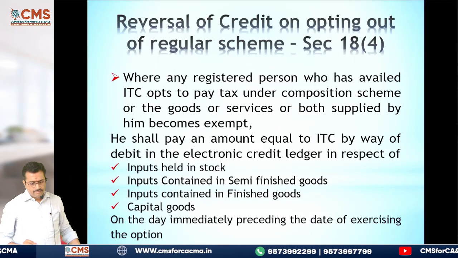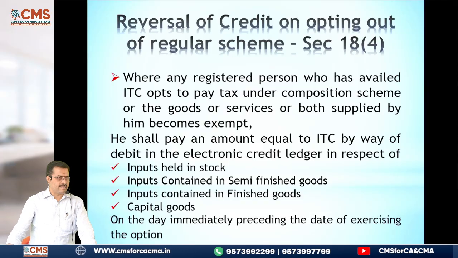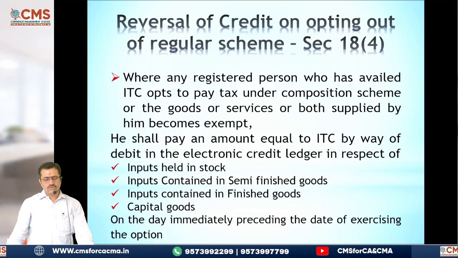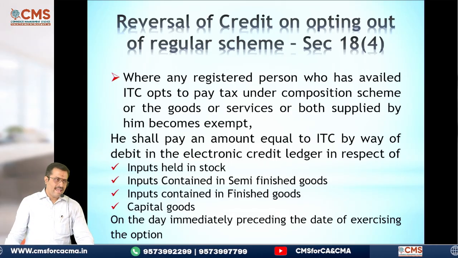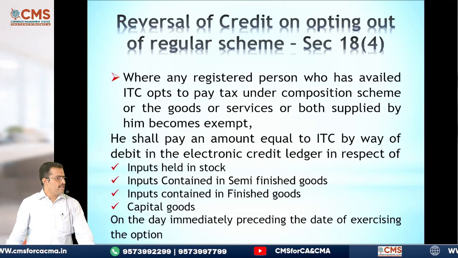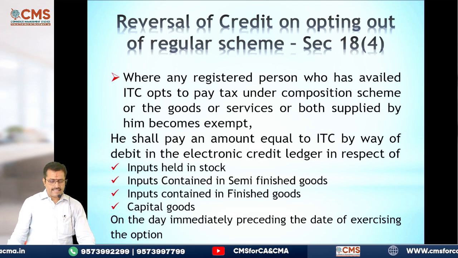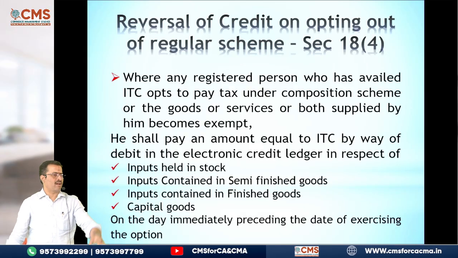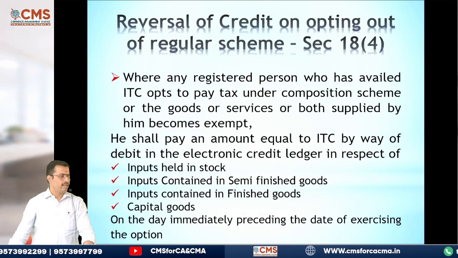and reverse the balance amount. Understood? So see there, where any registered person who has availed ITC opts to pay tax under the composition scheme, or the goods or services or both supplied by him become exempt, what will happen? He shall pay an amount equal to the ITC by way of debit in the electronic credit ledger. That's why I told you reverse in the electronic credit ledger. Reverse means nothing but debit it. In respect of what all?